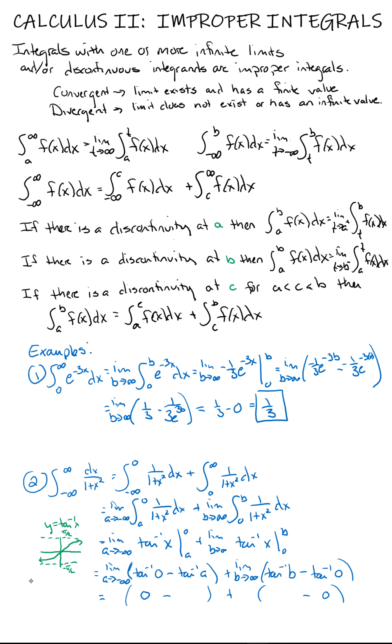Now, how about as a goes to negative infinity? So a is getting really, really small in the negative direction, going further and further to negative infinity. What do we get for the inverse tangent of a? Well, looking at our graph, negative infinity is going this way, and it looks like our graph is getting close to negative pi over 2.